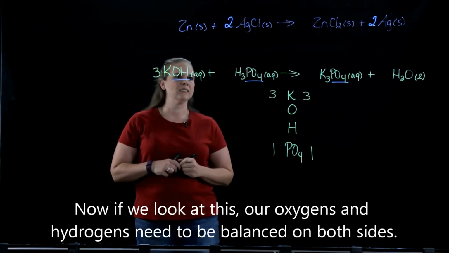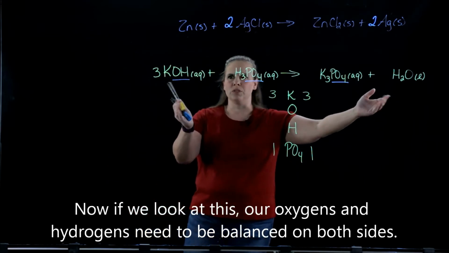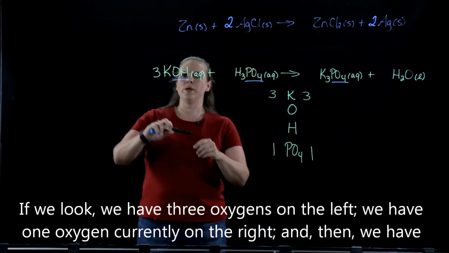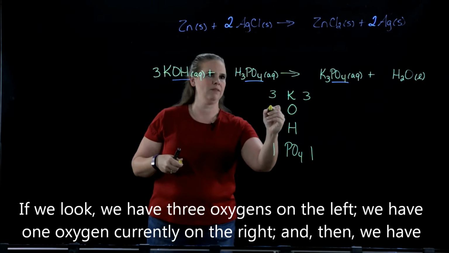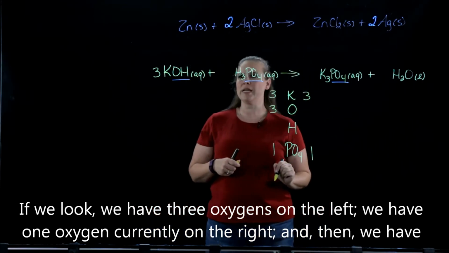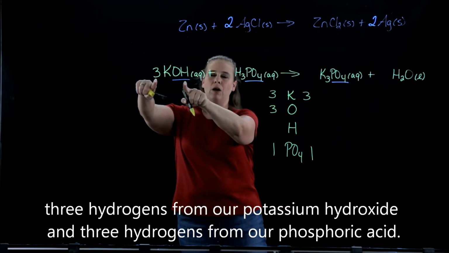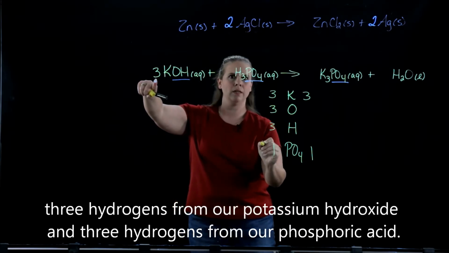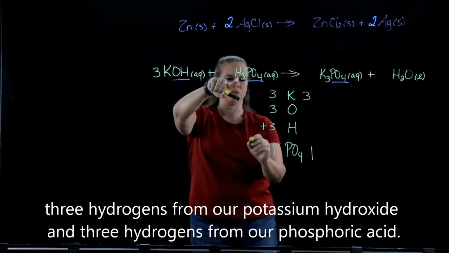Now if we look at this, our oxygens and hydrogens need to be balanced on both sides. We have 3 oxygens on the left. We have 1 oxygen currently on the right. And then we have 3 hydrogens from our potassium hydroxide and 3 hydrogens from our phosphoric acid.